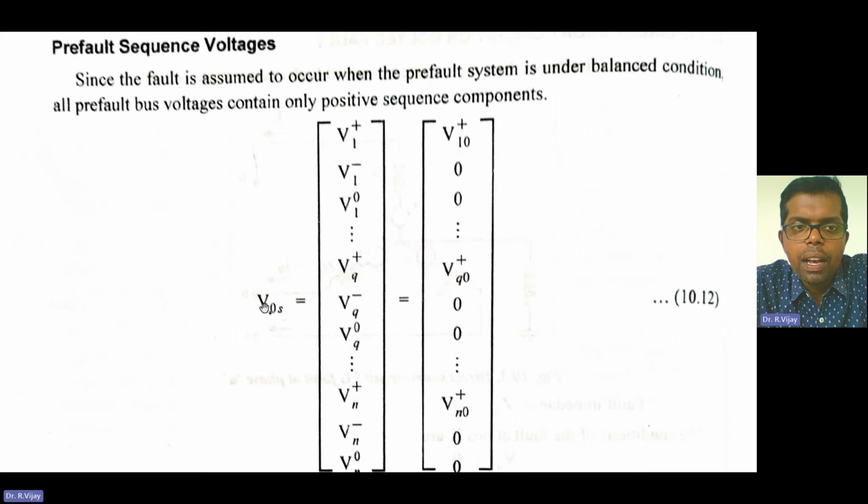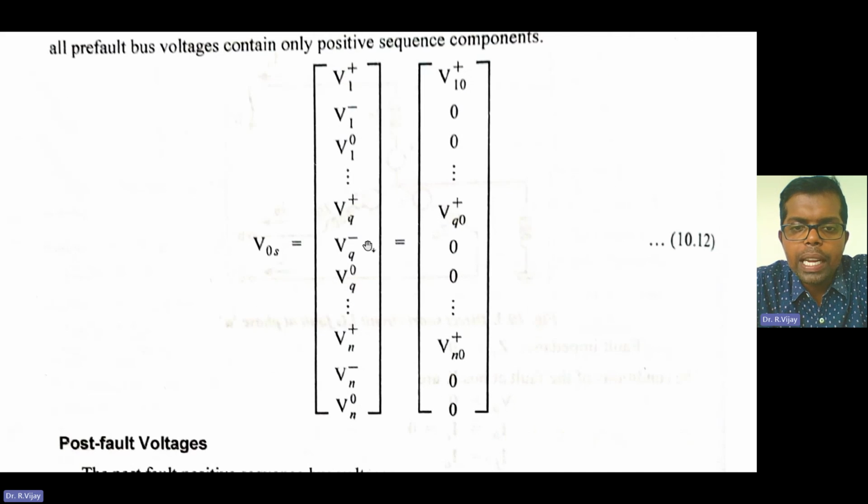That is V naught S, which is equal to V1 positive, V1 negative, V1 0, up to VQ positive, VQ negative, VQ 0, up to Vn positive, Vn negative, Vn 0. So this is all like three phases, V1 positive up to VQ, up to Vn.